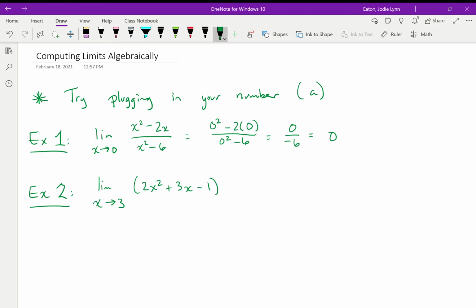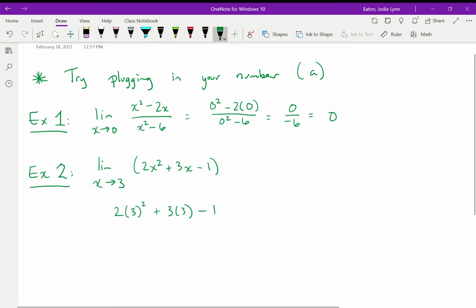So we will plug in 3, because that is not going to make any denominators equal to 0. So we have 2 times 3 squared plus 3 times 3 minus 1. So that is 18 plus 9, which is 27, minus 1 is 26.